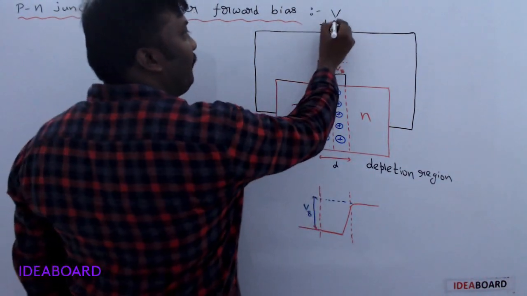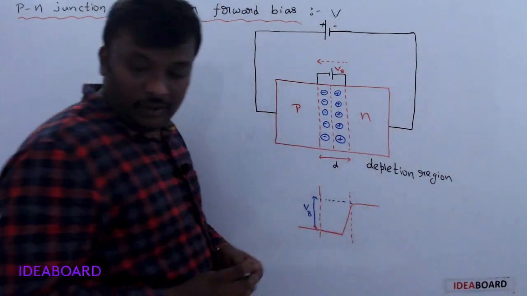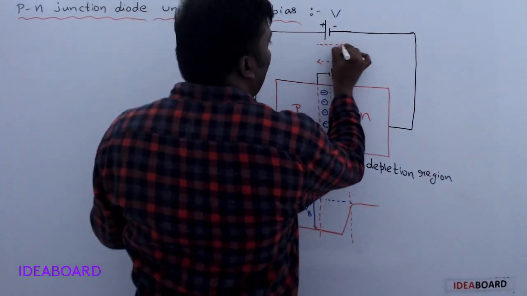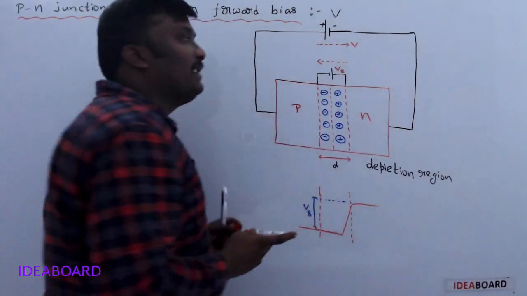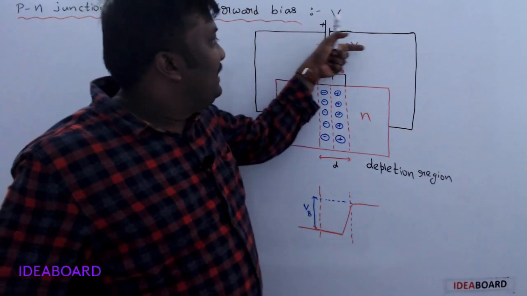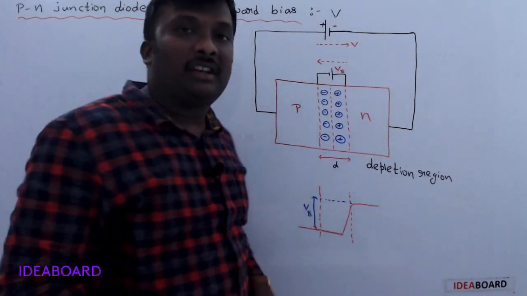The direction of V is from the P side to the N side. See, the applied voltage is in this direction, and the barrier potential is in the opposite direction.